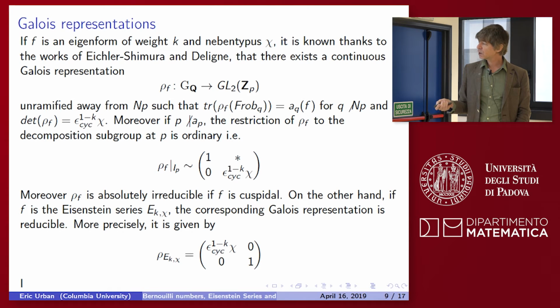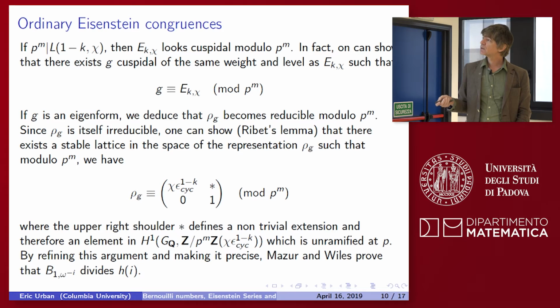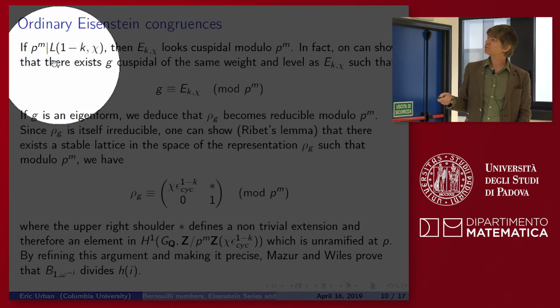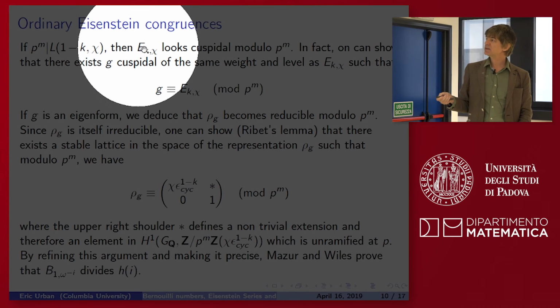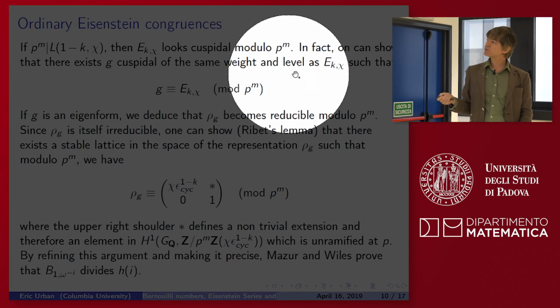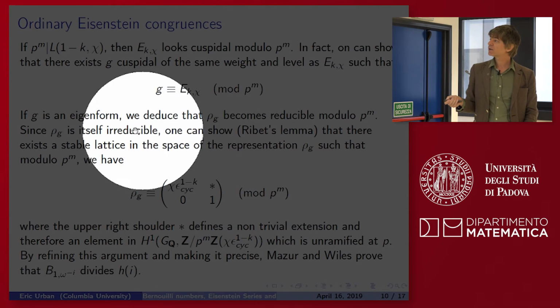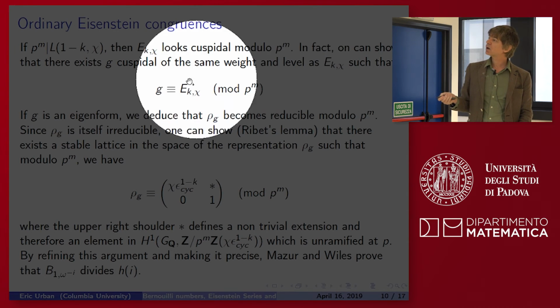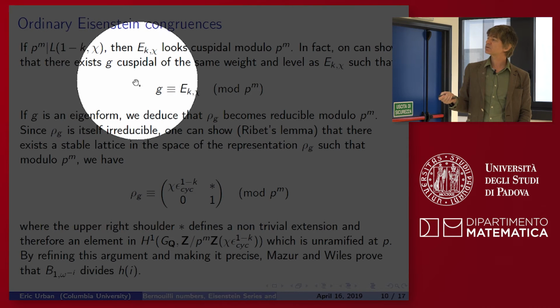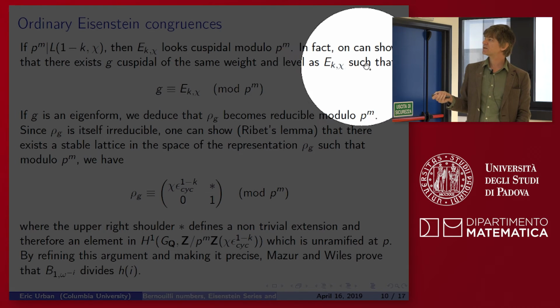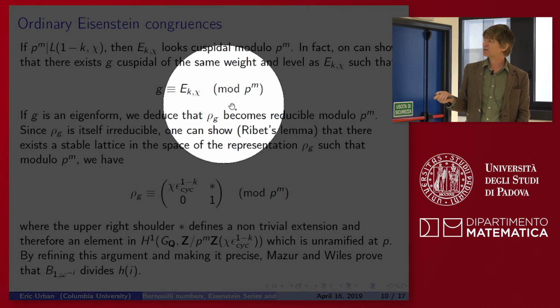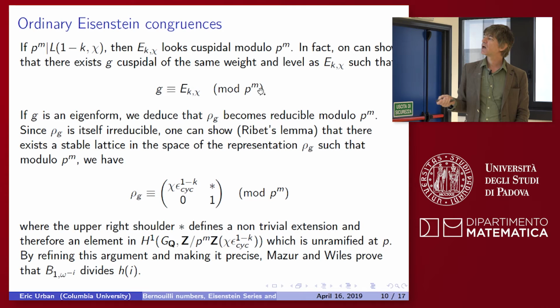Okay, so therefore what happens is that, as I said before, if p to the m divides L(1 minus k, chi), that means that E_k chi looks cuspidal modulo p to the m, and therefore there exists g, a cusp form of the same weight and level as E_k chi, such that g is congruent to E_k chi modulo p to the m.